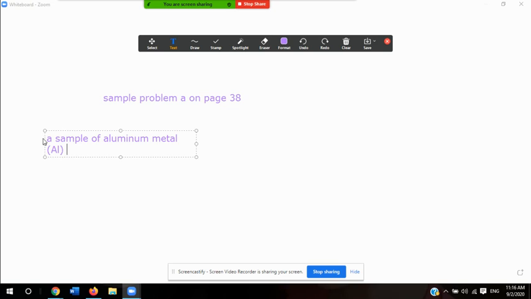That's just the chemical expression, how it's expressed in the periodic table. It says a sample of aluminum metal, Al, has a mass of 8.4 grams.